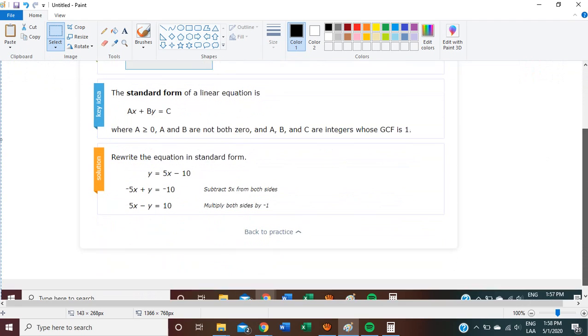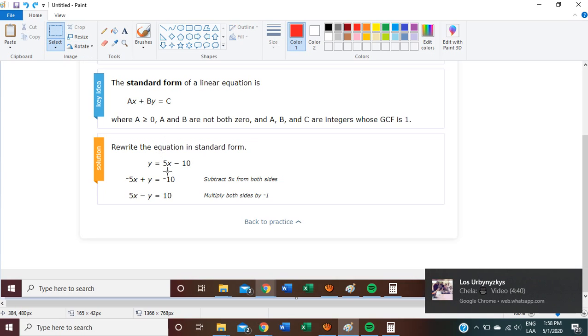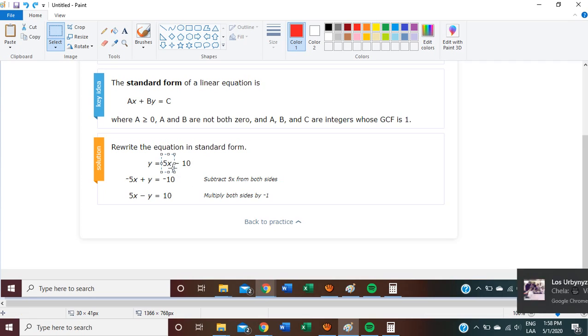All right, so this is the original equation. Okay, so what do we have to do? What we have to do is send, remember, the x to the other part of the equation.